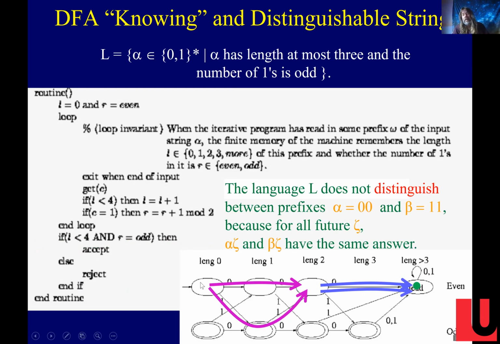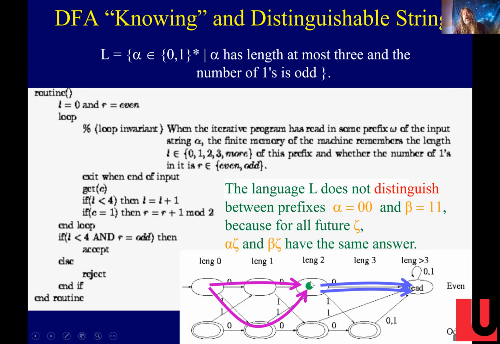If you take alpha plus this zeta, or beta plus this zeta, the two strings you get are alpha zeta and beta zeta, and they have the same answer. They both come over here and it should turn red.